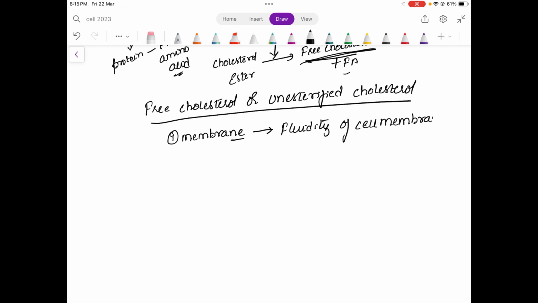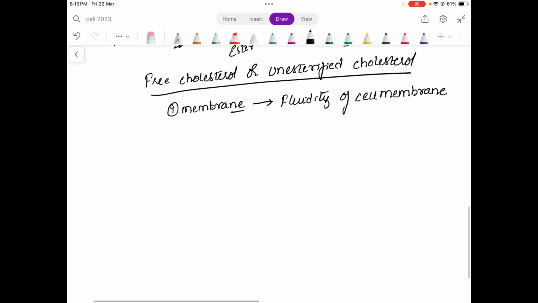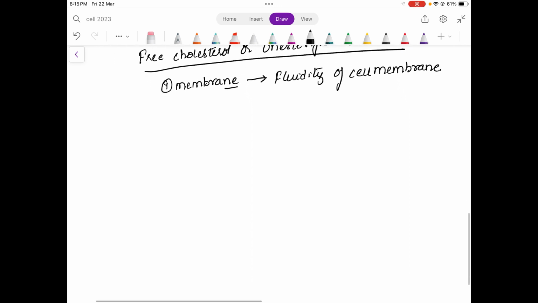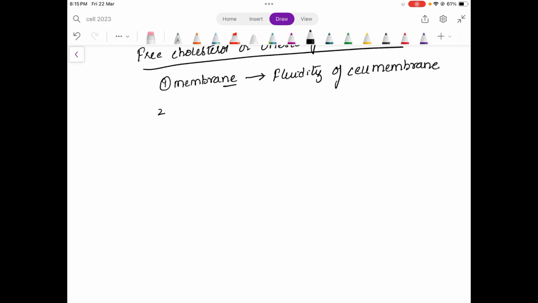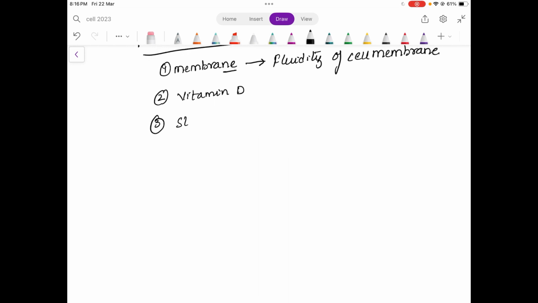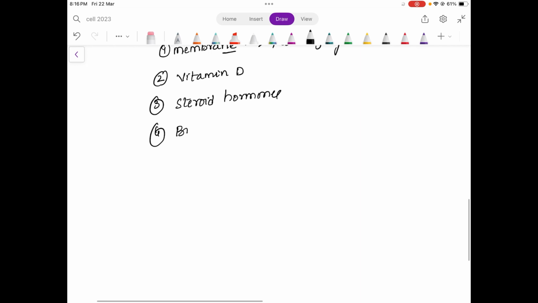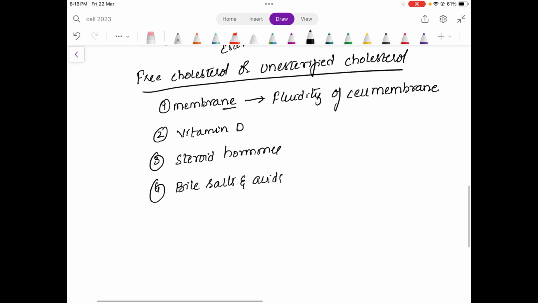It acts as a buffer in maintenance of fluidity of cell membrane. And whenever this cholesterol reaches skin, they will form vitamin D. When cholesterol reaches adrenal glands, they will form steroid hormones. And cholesterol will help in formation of bile salts and acids. Now, this is the fate of the free cholesterol.